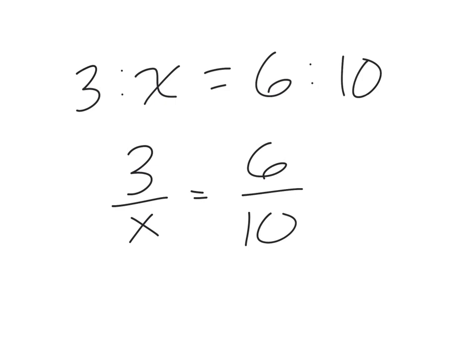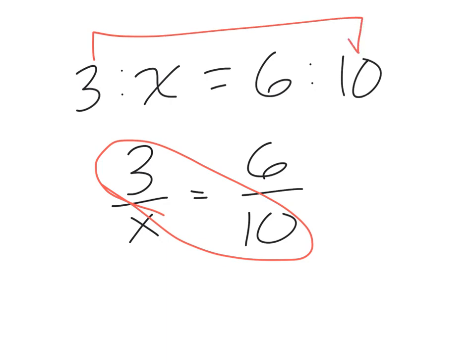But what we're going to do, remember our shortcut for these is to find where x is in our proportion. So there's x in the bottom left there, which means I'm going to multiply the opposite side first. So I'm going to multiply 3 times 10. If you're using the ratio method, since x is one of our inside numbers, then you would multiply your outside numbers first.